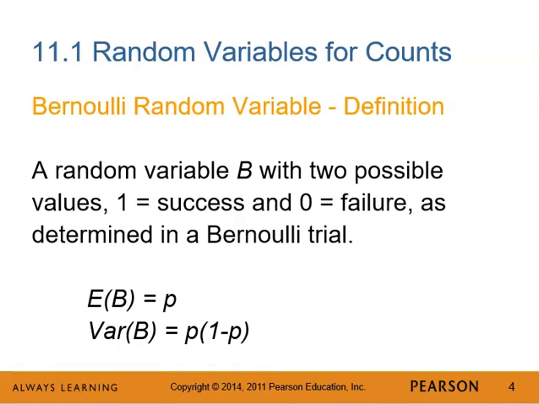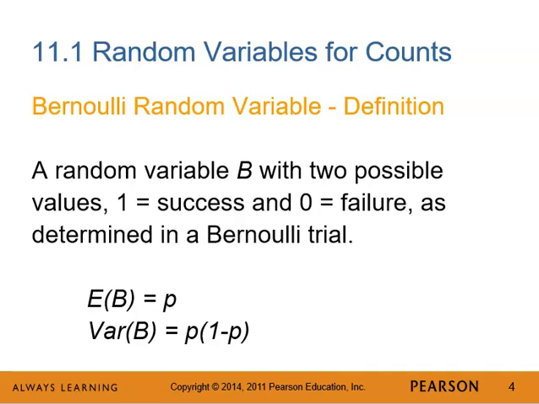Going back to the Bernoulli random variable definition, this is a random variable B with 2 possible values. It can be 1, and we consider 1 a success, or it can be 0, and 0 represents failure, as determined in the Bernoulli trial. The expected value or average of the random variable B is p, the probability of success.